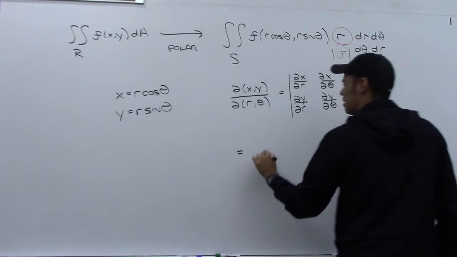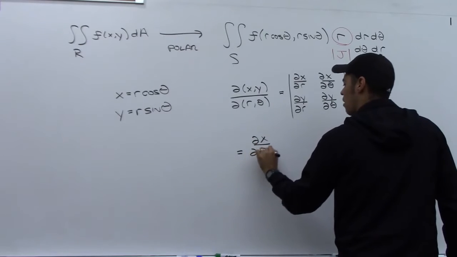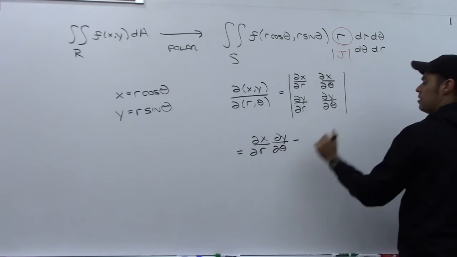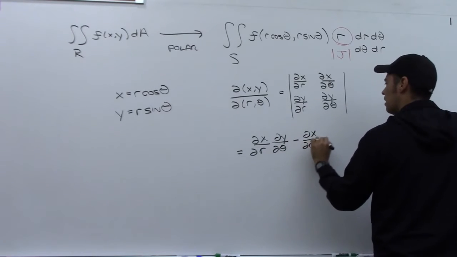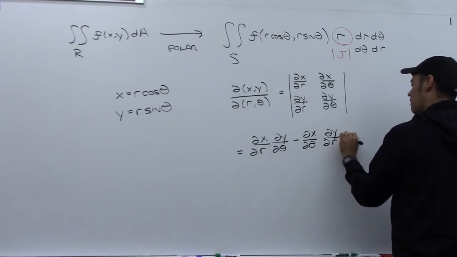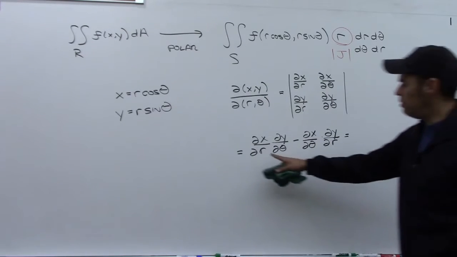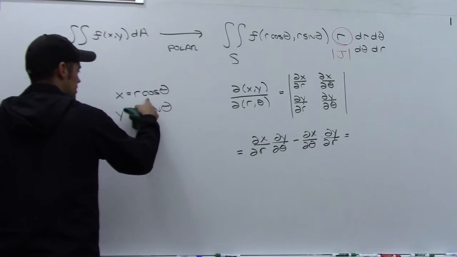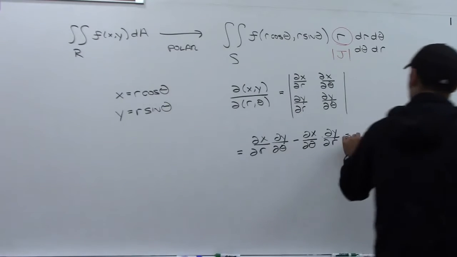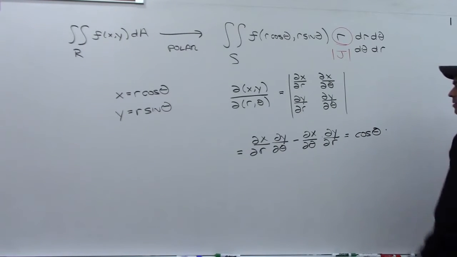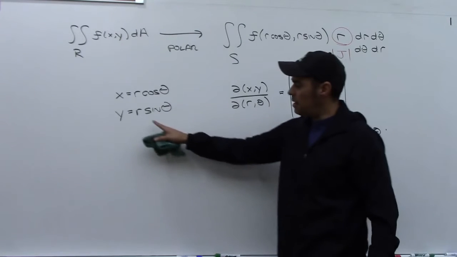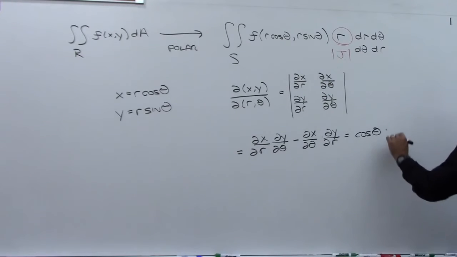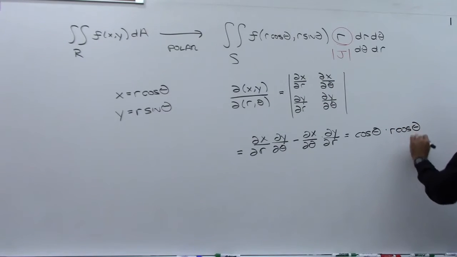And then by definition, this is partial x with respect to r times this, partial y with respect to theta, minus this and this, partial x with respect to theta, partial y with respect to r, which is, well, what is the partial of x with respect to r? So what's the derivative of this if we treat r like the variable and theta like a constant? It's just going to be cosine theta times partial of y with respect to theta. So this time r is a constant, theta is a variable, derivative of sine theta is cosine theta, but I have an r in front of it, so r cosine theta.